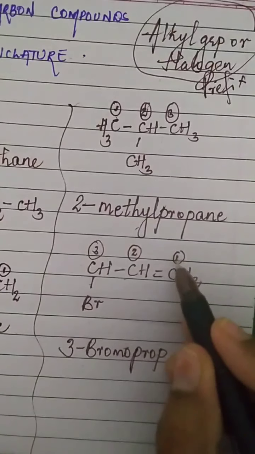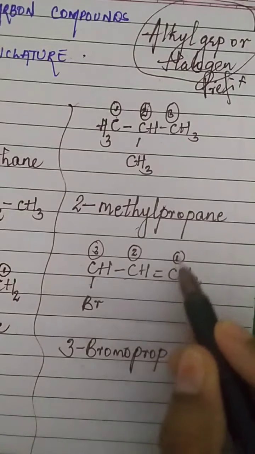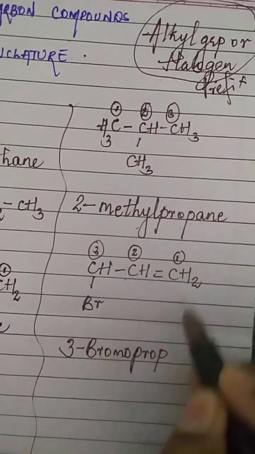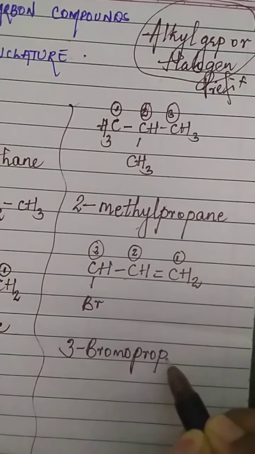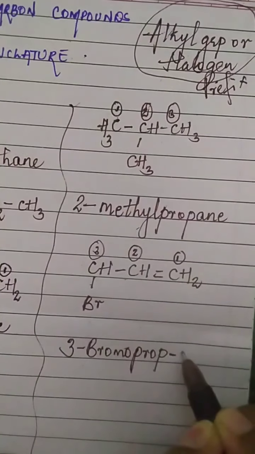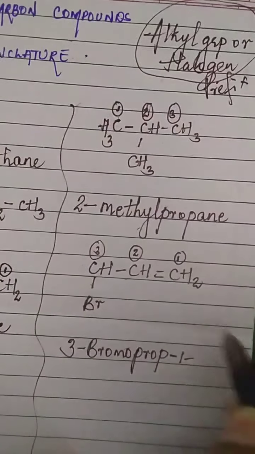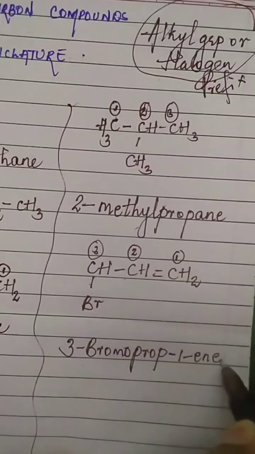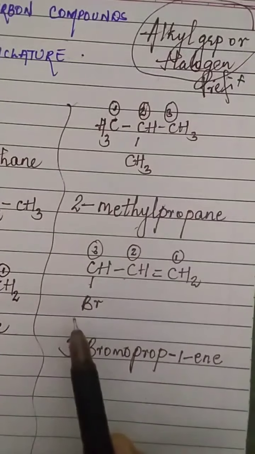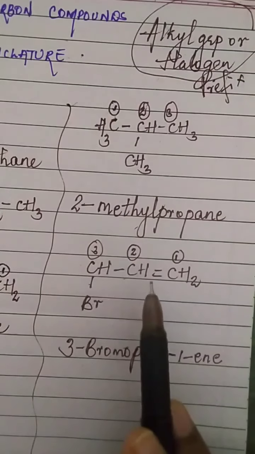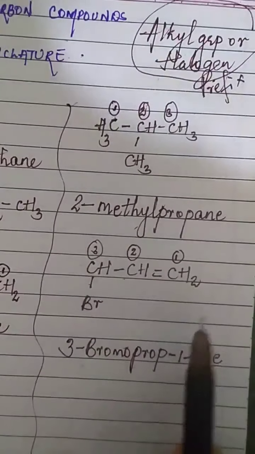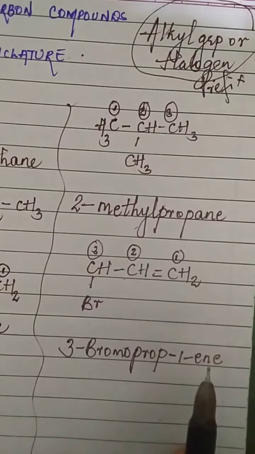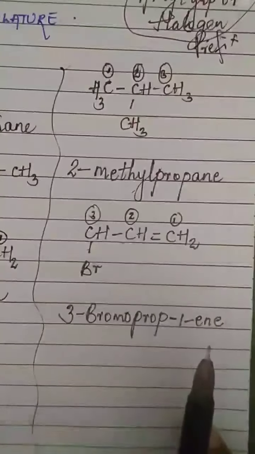Double bond is on the first carbon. Double bond should be given first priority. That is why we gave this carbon as number 1. So 3-bromo prop. Where is the double bond? On the first carbon. So that number you have to specify. And double bond means it is ene. So the name is 3-bromo prop 1-ene. I hope it is clear.